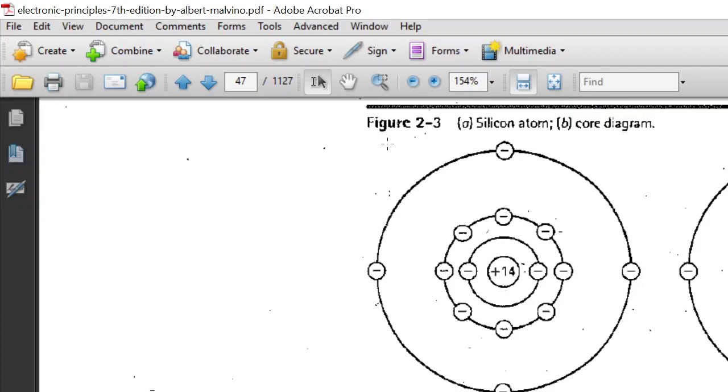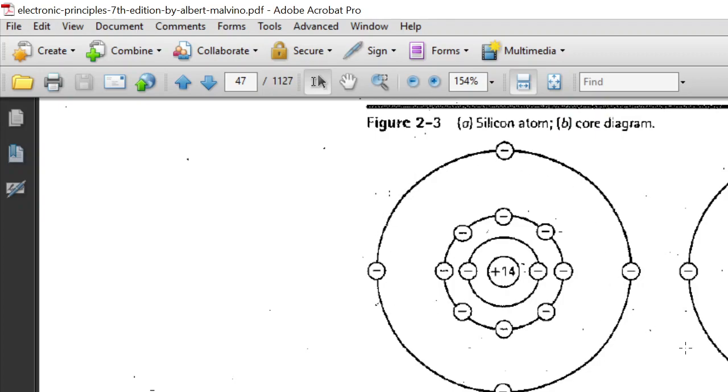So what we are looking at here is a silicon atom, and the silicon atom has atomic number 14. That means there are 14 protons in the nucleus and 14 electrons in the orbit. So if there are 14 electrons in the orbit, 2 are in the innermost shell, 8 in the next shell, so 10 is gone, and 4 remain in the outside shell.